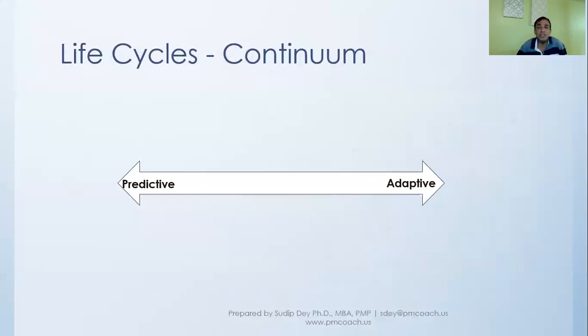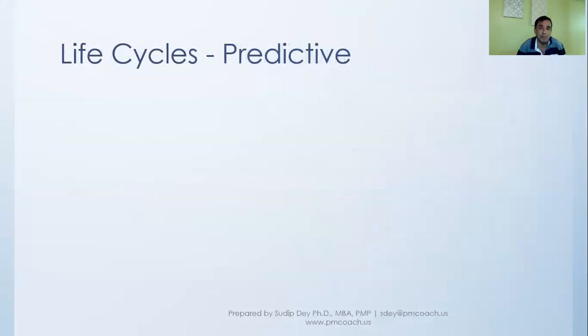We talked about iterative, we talked about incremental life cycle, and we talked about agile life cycle. And your project might fall anywhere on this line. So how will the scoping that we'll do be different in predictive compared to adaptive? So let's look at that and see what happens.